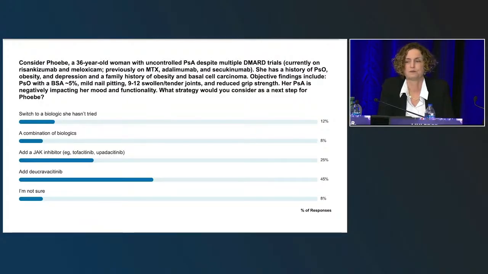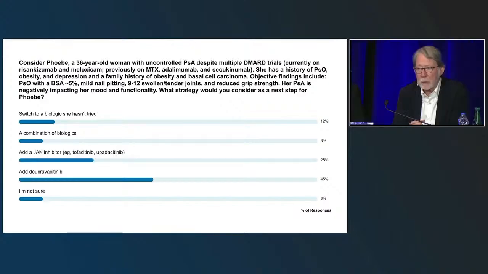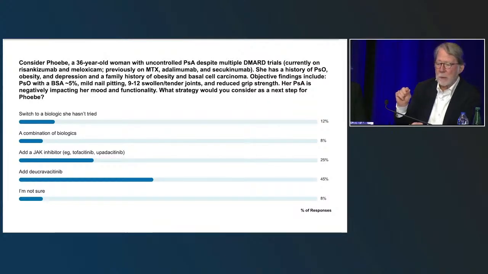So I think this response is very interesting in that there has been discussion going on at multiple levels about the potential that a TYK2 inhibitor could be a particularly good drug to be used as dual therapy with a biologic agent. And I'm wondering how many of the audience really understood add versus instead of risankizumab.